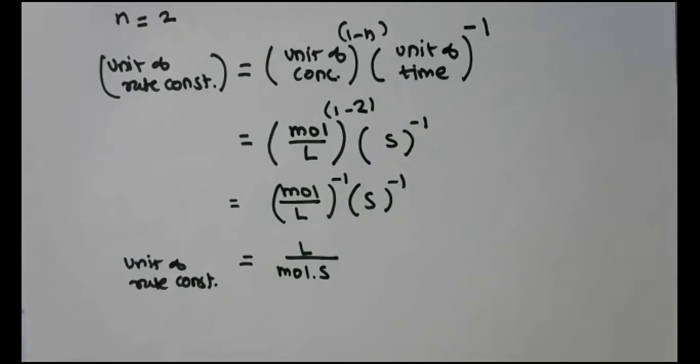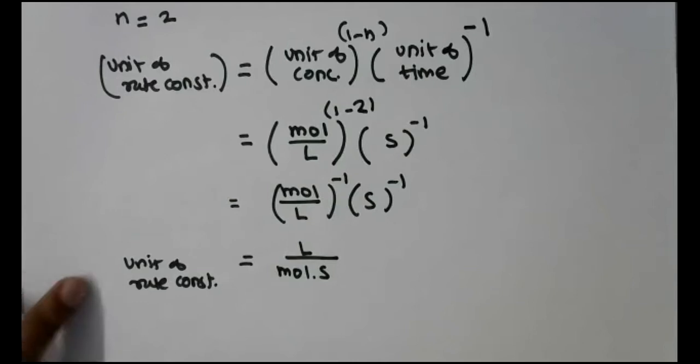I have also tried to demonstrate how the unit of rate constant differs with respect to order of reaction. If you have a look at what has been taught so far, you will be able to understand it very easily.